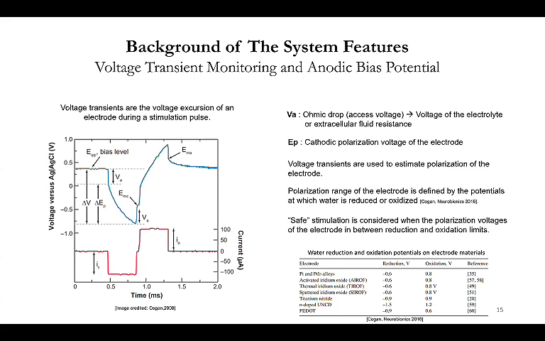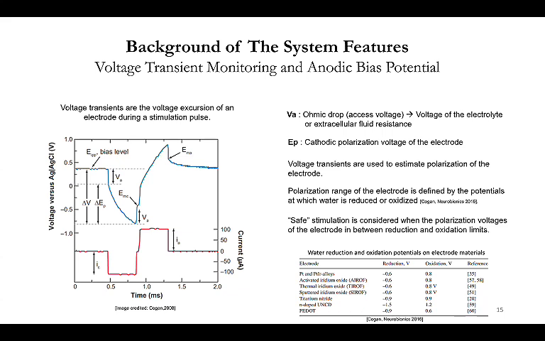Like I said, the voltage monitoring is important after injecting the charge, because if excessive charge is injected into the tissue, it will cause delamination on the microelectrode array or burning of the tissues.